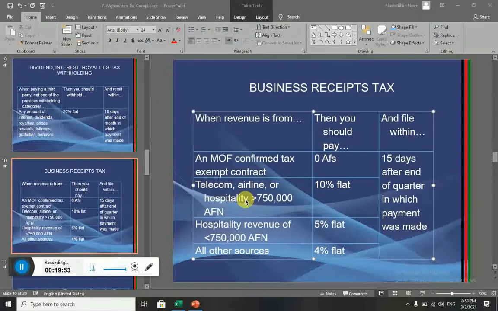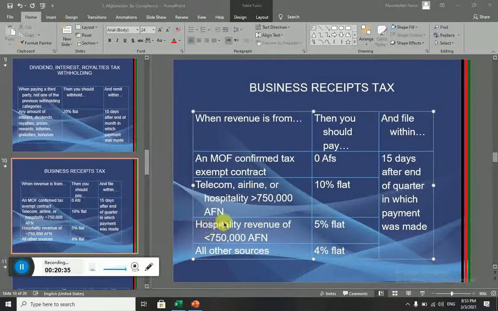But one thing we have to remember here, which is very important, all those 3 to 5-star restaurants, hotels and hospitals, their gross revenue is subject to 10% flat. If a restaurant is not a 5-star restaurant, if it's not a hotel but a guest house, and this guest house is not a 5-star, then they are not subject to 10%, they are subject to 5% withholding tax.